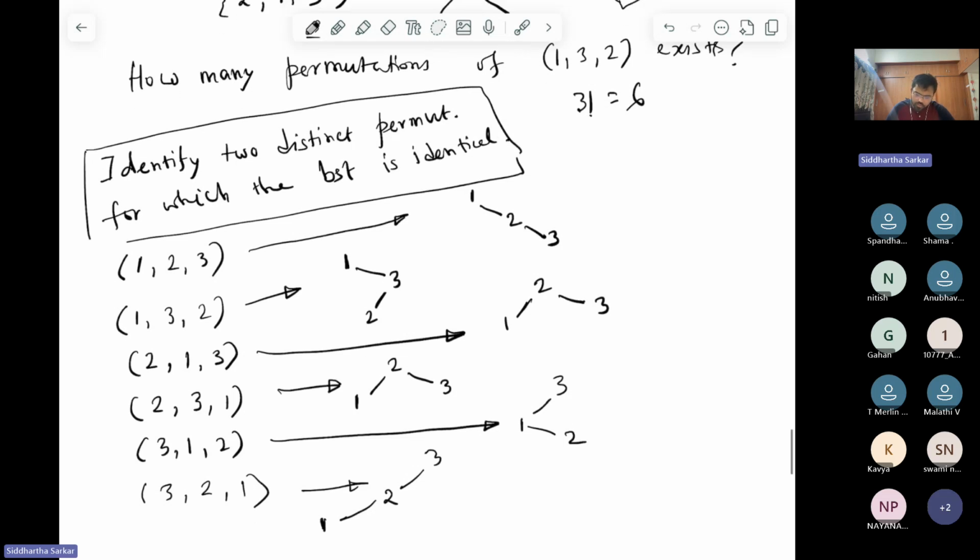This is all we'll get, right? Is this correct? Now you can tell me which two are identical.